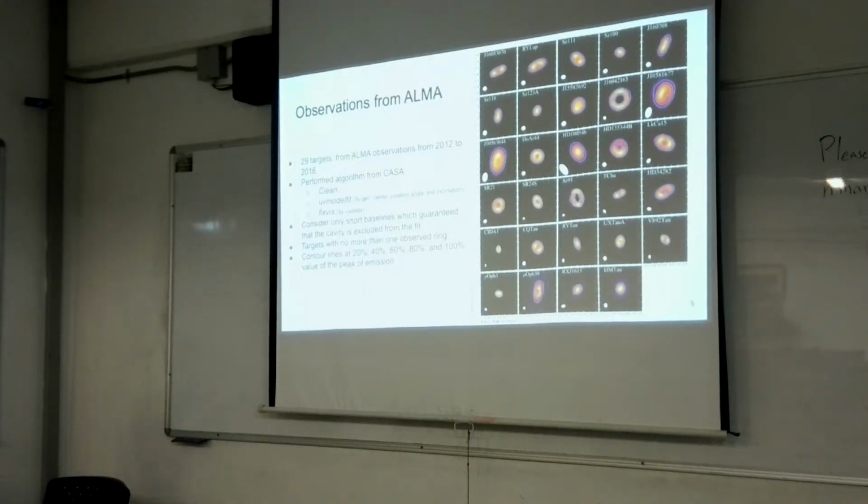Because if you apply for observing time, there's a pretty low success rate. You have to wait a long time to get your data, and there is already quite a lot of data in the archive. So you can construct your own sample by combining multiple data sets and do a study. That was really their goal, to see, instead of doing many individual studies, what all these disks have in common.